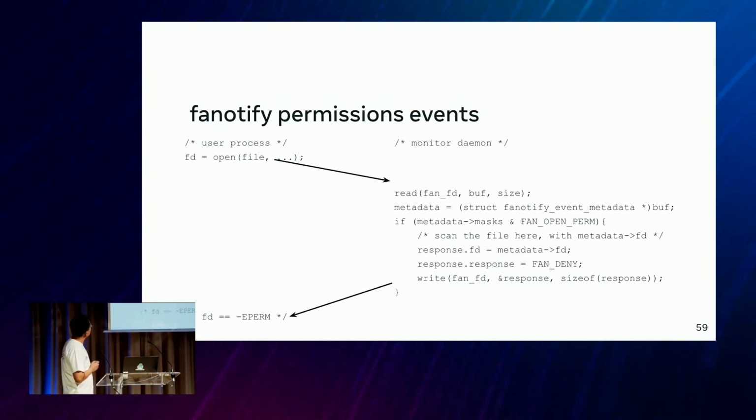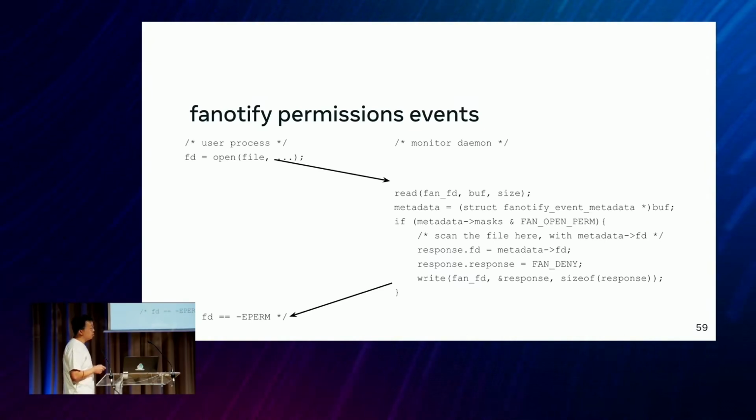Let's say this is a user process, and this is a monitoring daemon, like an antivirus scanner. When this user wants to open a file, and it turns out this file is being monitored by the daemon, this process will sleep. The daemon will read metadata from its fanotify file descriptor, which contains an FD to the file being accessed.